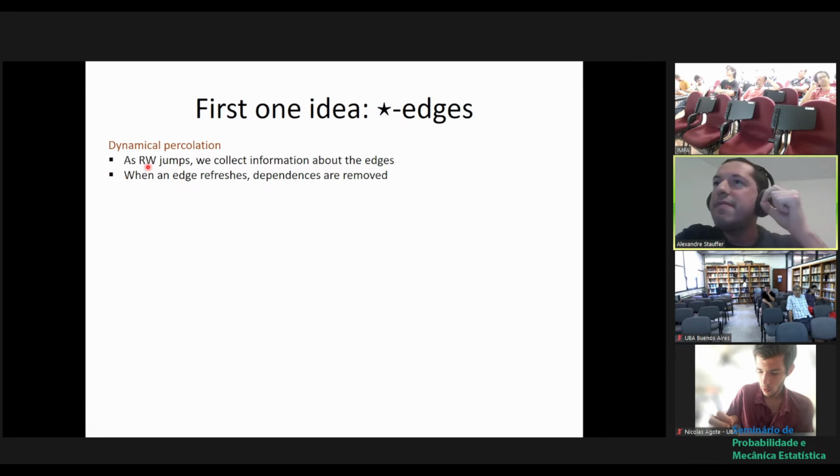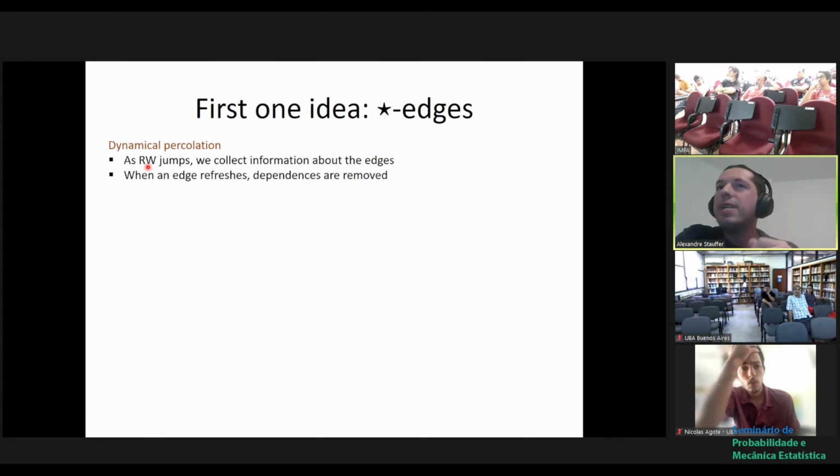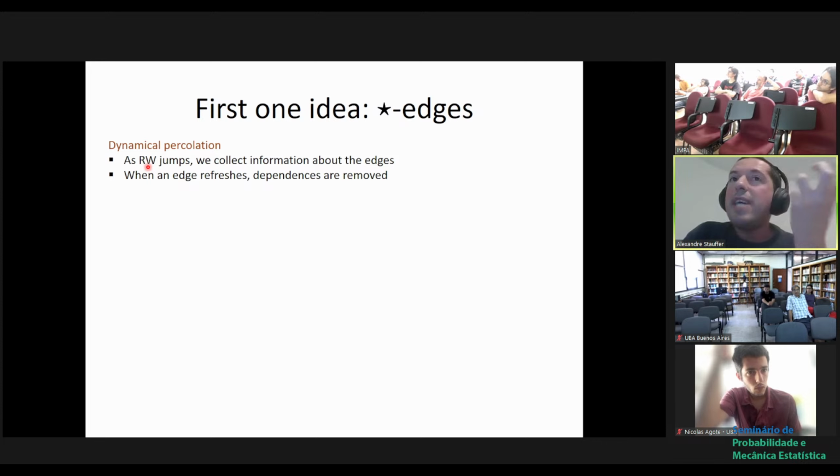As we observe the walker jumping, we collect information about the environment, right? We collect information that the edge across which the walker jumped is open. And this information remains there because we are in the subcritical regime, so the walker is confined to a small space. It's going to revisit this edge over and over again. And this information remains there until the edge refreshes.